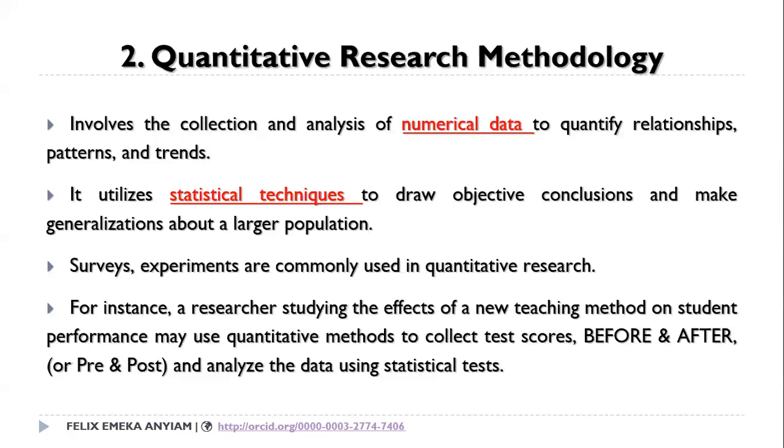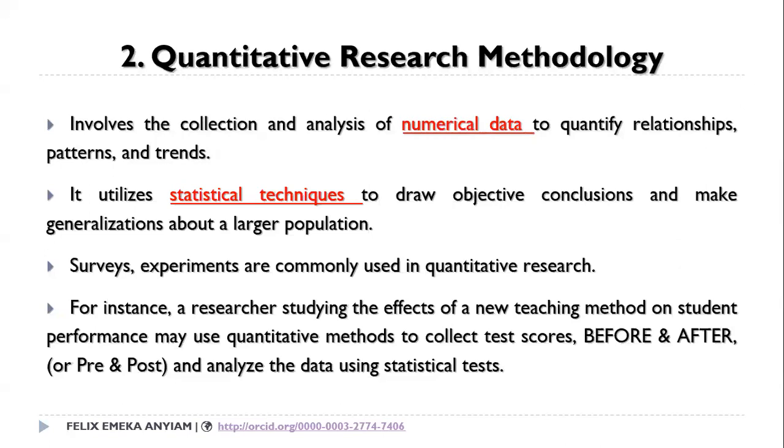So there's this new method in teaching. So you're doing a study where you introduce the new method, you gave them a test before you introduce the new method. Then after you introduce the new method in teaching, you gave them another test, before and after, or pre and post.